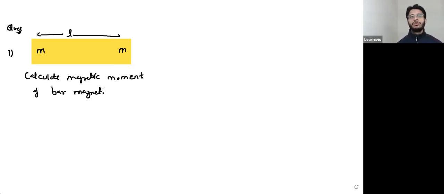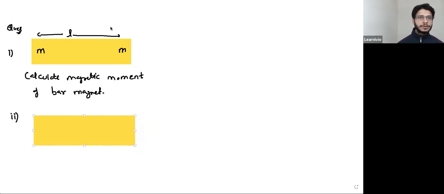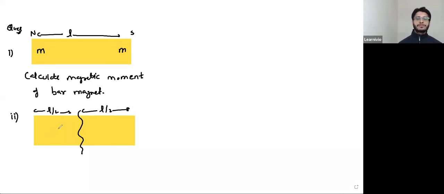Just calculate the value of magnetic moment for this bar magnet. In the second part, just divide this bar magnet into two equal parts. This is the north pole, this is the south pole. This is L by 2 and this is L by 2.